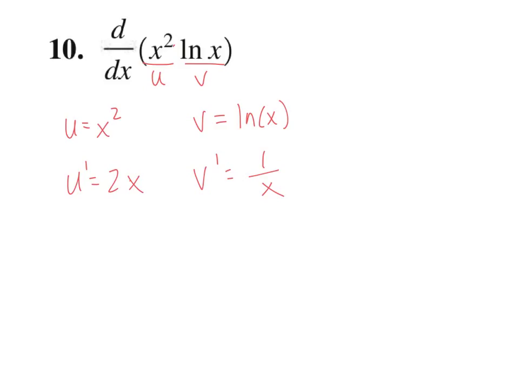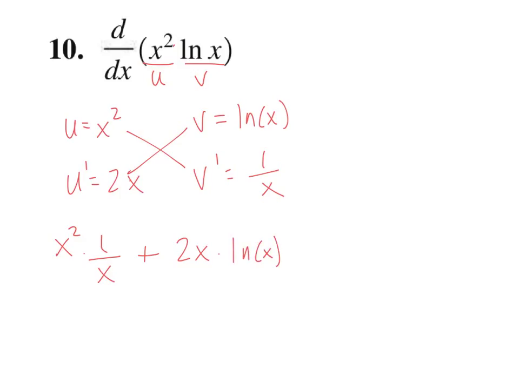So now what I can do is cross multiply and add, and so I end up getting that the derivative with respect to x of that function is going to be x squared times 1 over x plus 2x times the natural log of x.